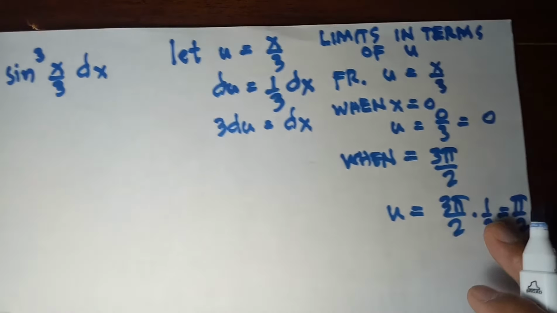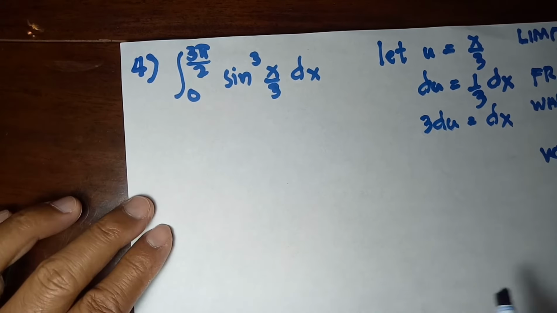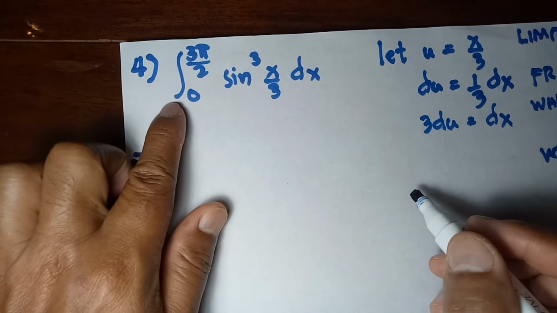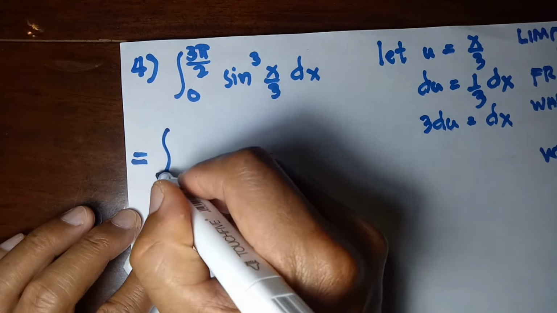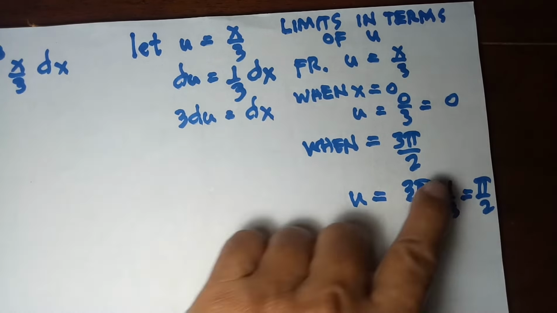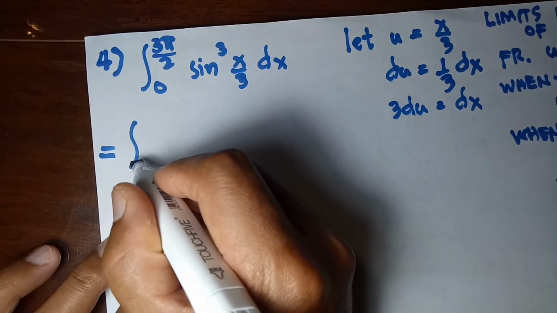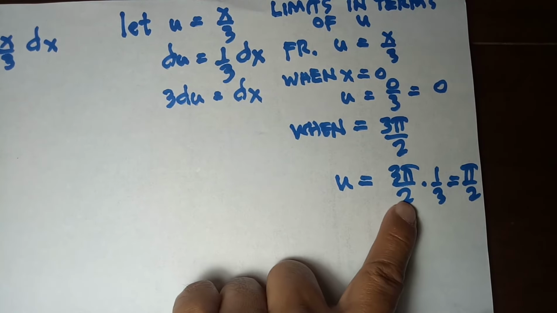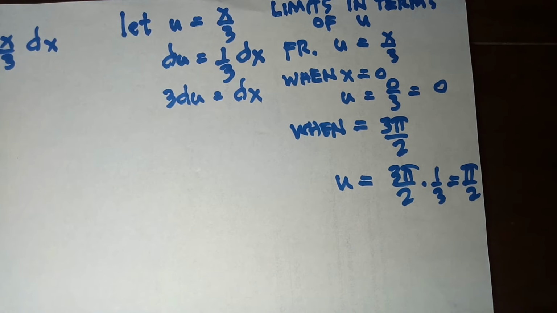Tapos nun, susulat natin yung ating problem in terms of u. So, this will be equal to, so we have the integral sign. Lower limit natin in terms of u equals 0, and then upper limit in terms of u equal siya sa pi over 2.